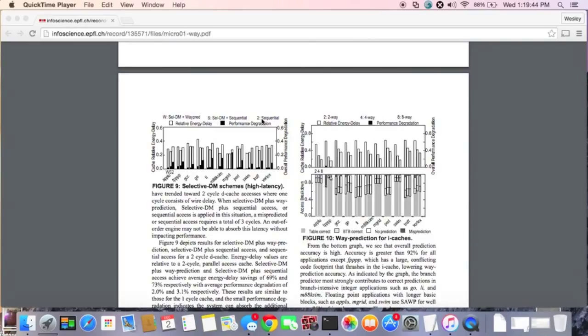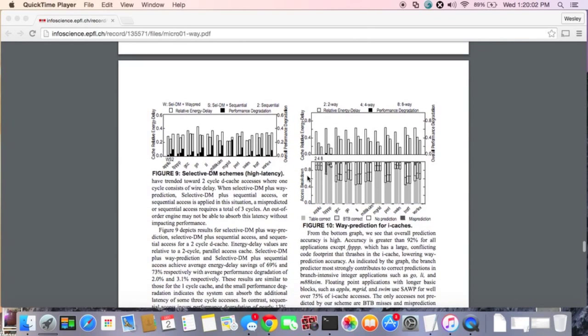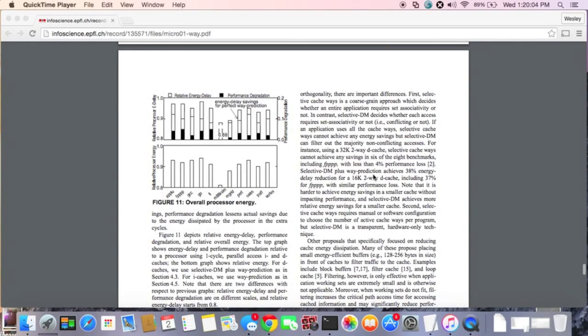It's a lot slower with sequential because we're comparing the tag, then going to the correct way to find our data, instead of doing all that at once, realizing we had a tag match, and then using that data. So that's pretty interesting. I'm going to skip over this graph for now.